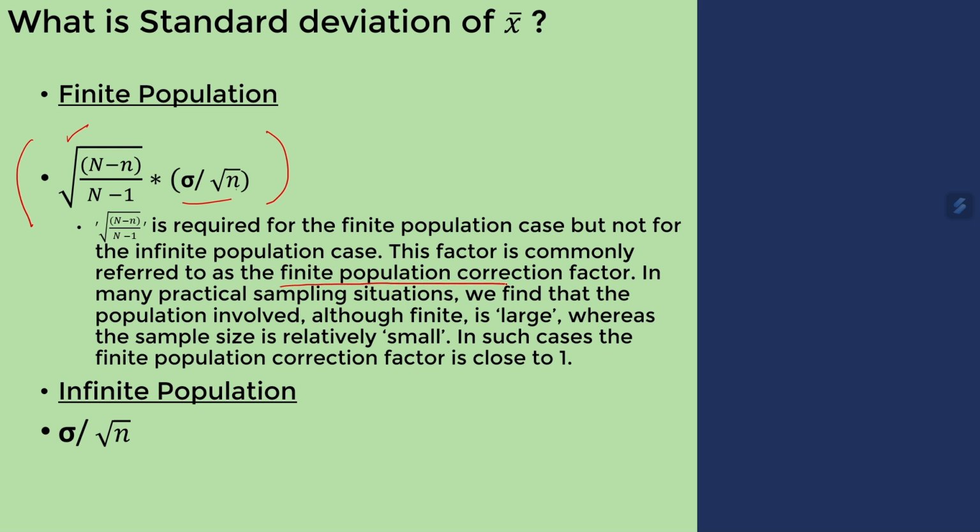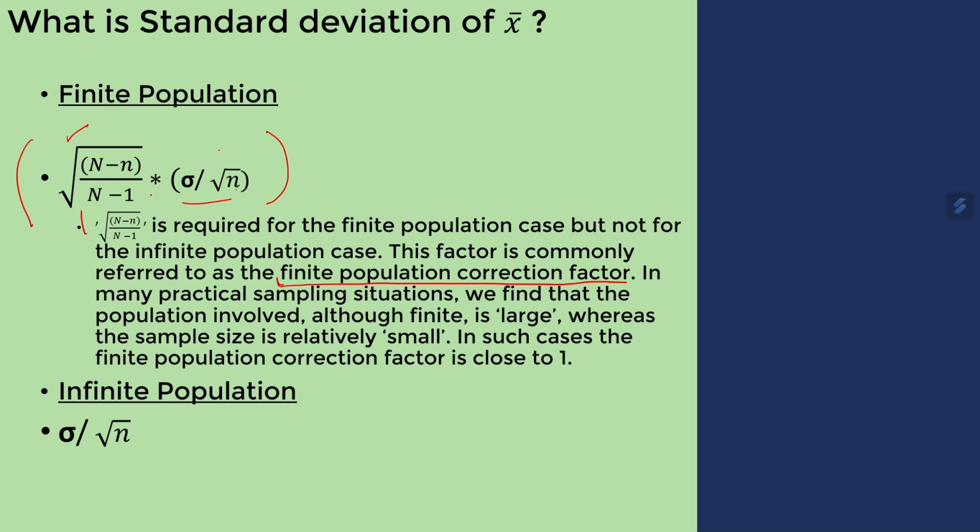Okay, as the word is saying, finite population means finite is limited. So when our population is limited and certain, what we do is we calculate the finite population correction factor.